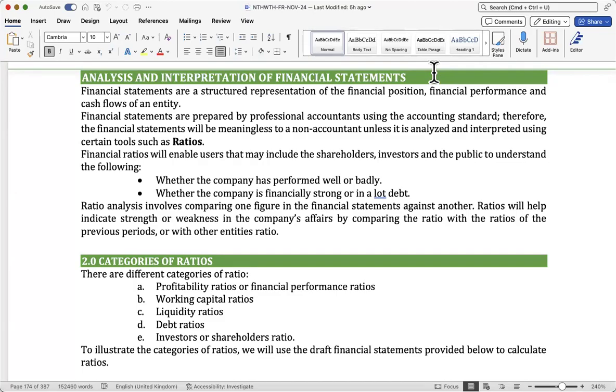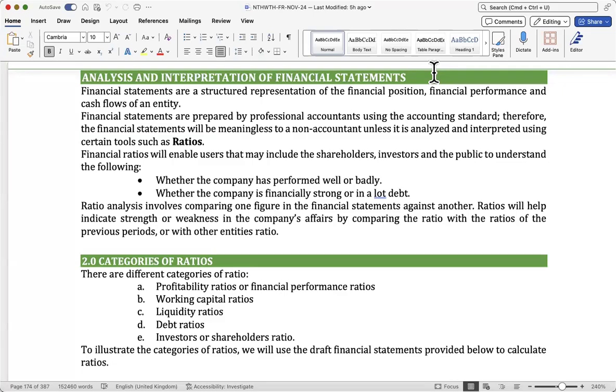So when you want to analyze and interpret financial statements, there are many tools that are used, but the one that concerns us, the focus for your exam, is ratios. Ratios are what we're going to use to analyze and interpret financial statements.